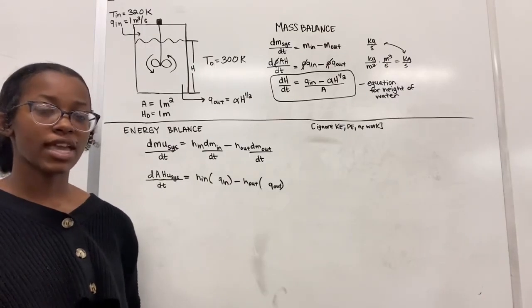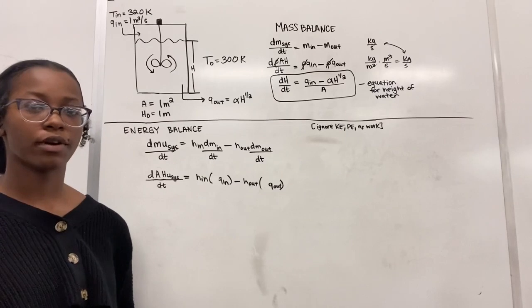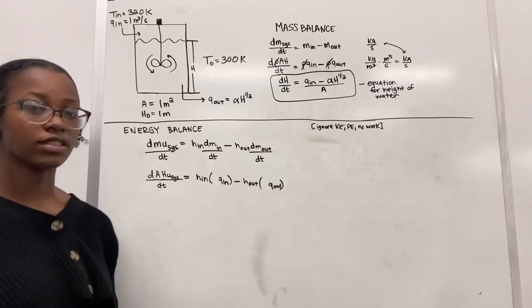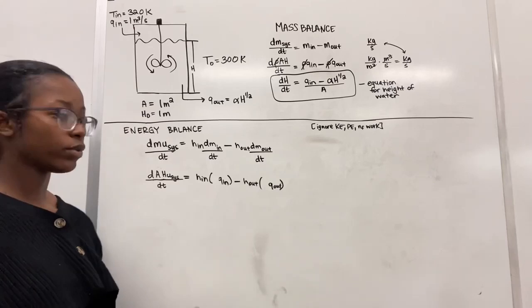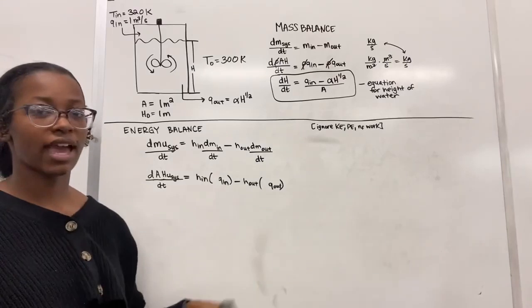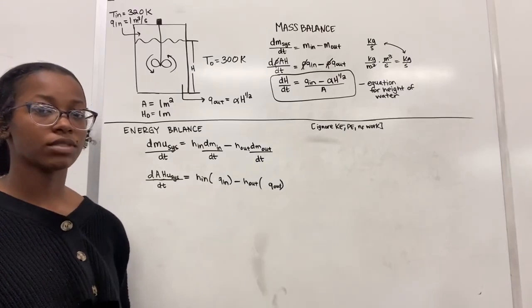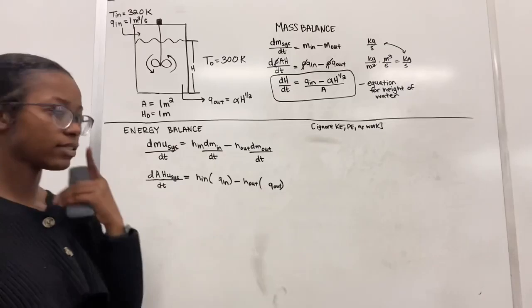From here, we can tidy it up a little bit more by taking out our cross-sectional area from the derivative and rewriting our flow rate out in terms of alpha and height.